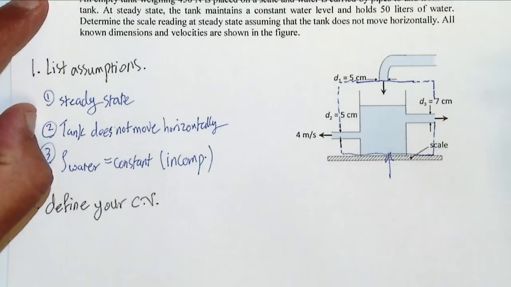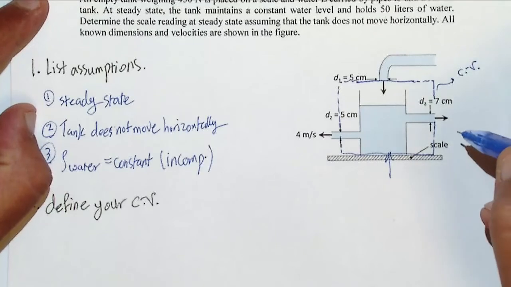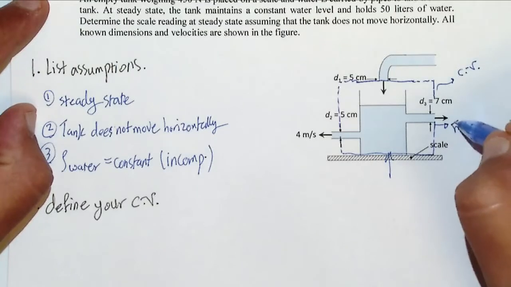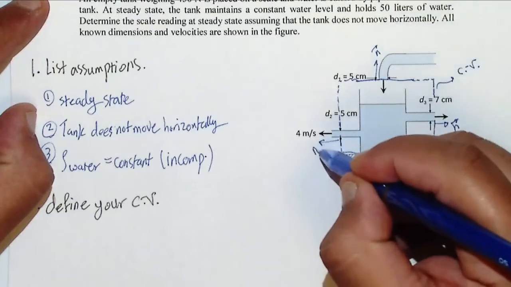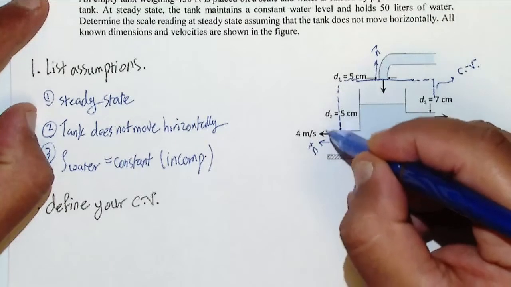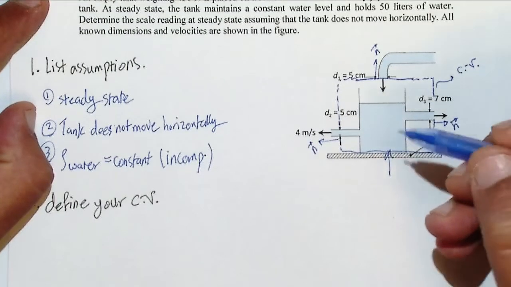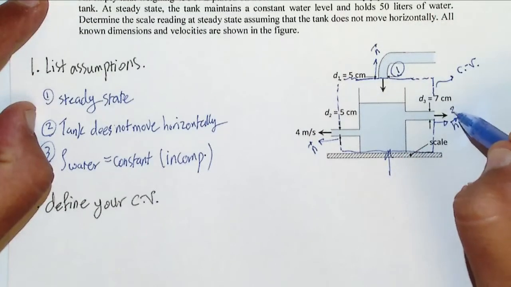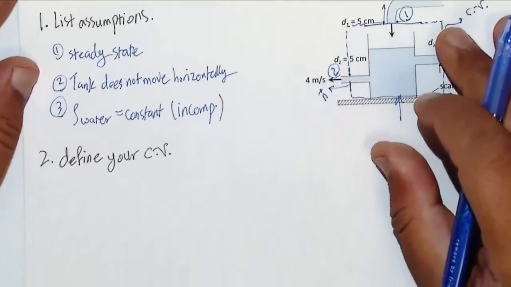Okay, so this is my control volume, and we can put some names here. Our normal directions are always outward. So these are our n, and you see that n and velocity here are parallel. Then let's put names here also. Number 1 is the inlet, this is going to be 2 or 3, and this is going to be 2. Okay, so you define your control volume.